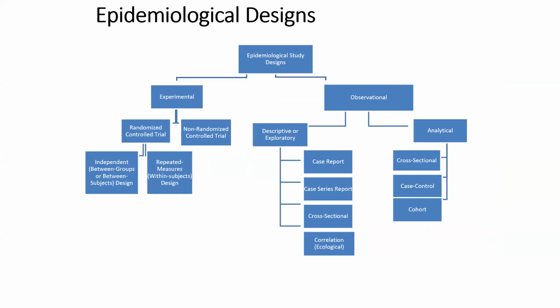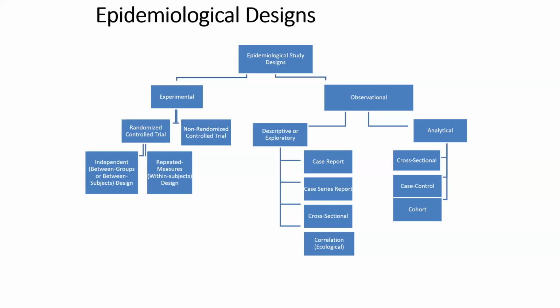And if you can draw this diagram and you can explain it to a reasonable degree, I don't think there's anything that I personally will ask you around study designs that will deviate too much from how this diagram looks and some explanation of some of the concepts there. So epidemiological designs are largely divided into two categories.